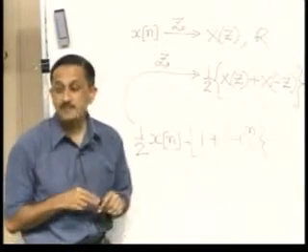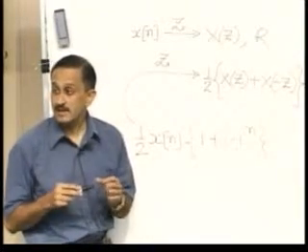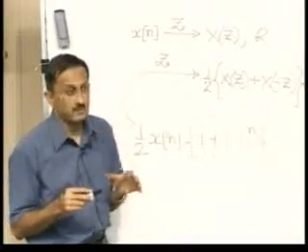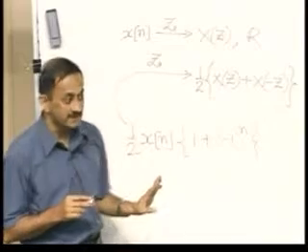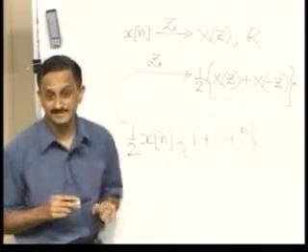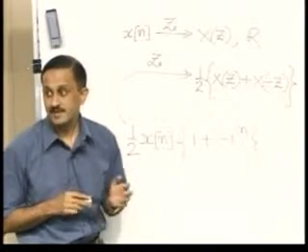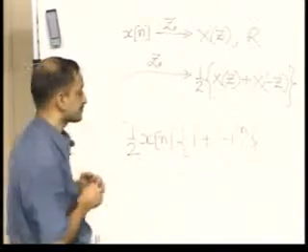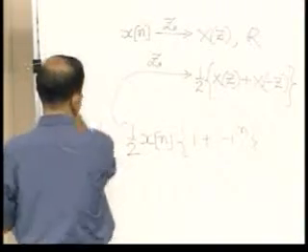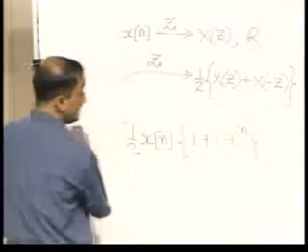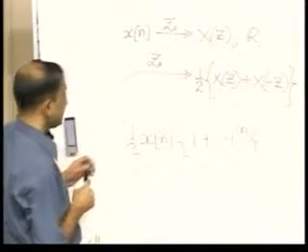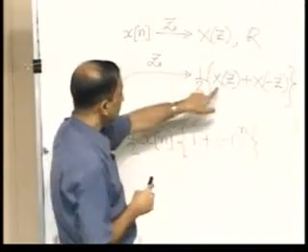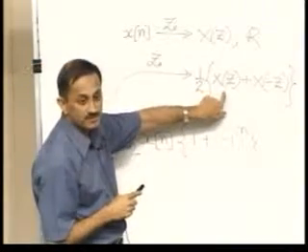As I said, the effect on the Z transform is non-trivial here. Now, what do we do about the ROCs? This term of course has the same ROC.